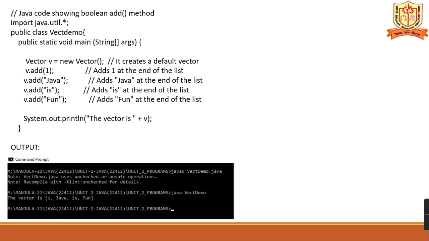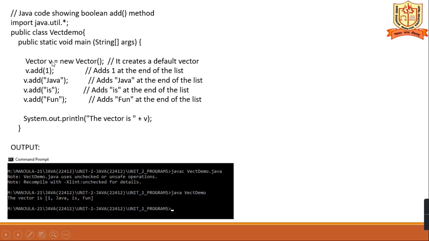And see here how to create the vector, and all this I will explain through this program. This vector class is present in the util package. You must import this package before using the vector class. Is it clear? Import java.util package. After that, the class name and the main method. Vector v equals new Vector, and you are adding the elements in the vector.